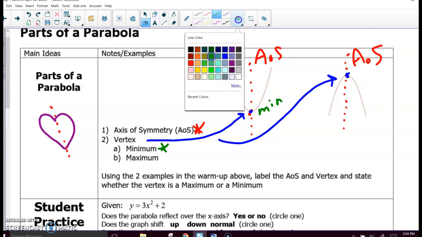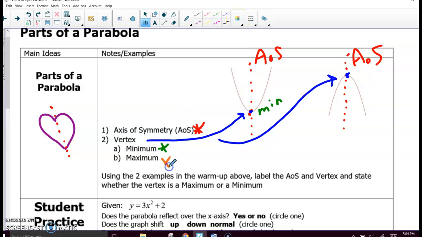In my second parabola, we'll go to orange here, I have a maximum. My vertex is a maximum because it is my highest point of my graph. So some important vocabulary that you need to recognize: axis of symmetry, vertex, minimum, and maximum. We will use these words quite frequently throughout this unit.